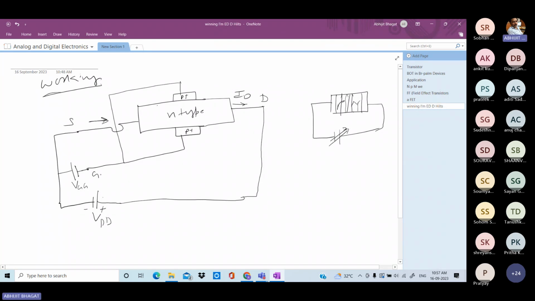When you supply this reverse voltage, there is a creation of depletion width. Clear? If you apply the VGG, the depletion width is added in the path of current flow. Clear?